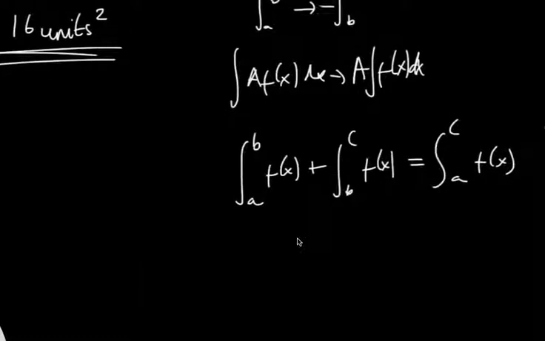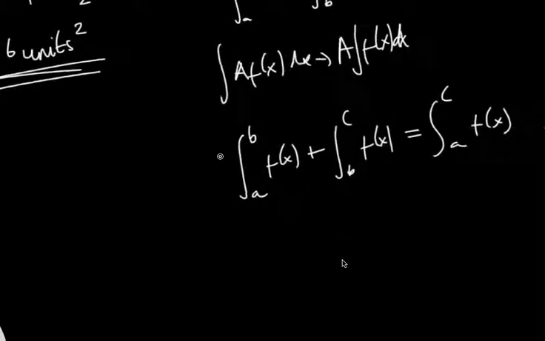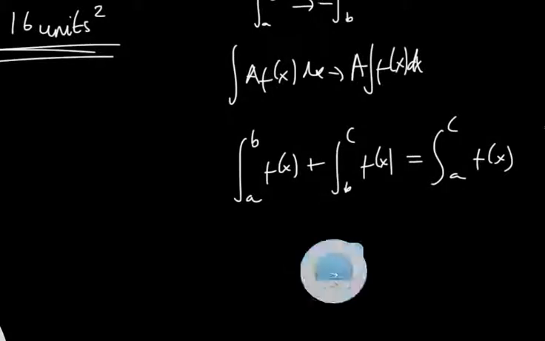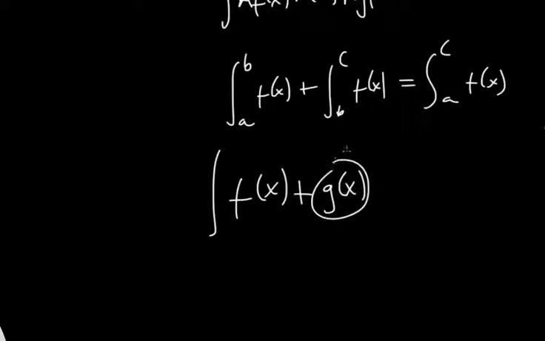And the fourth one was that if you have an integral of some function plus another function, in this case this function was very simple and it was just an x, but this works with any function.